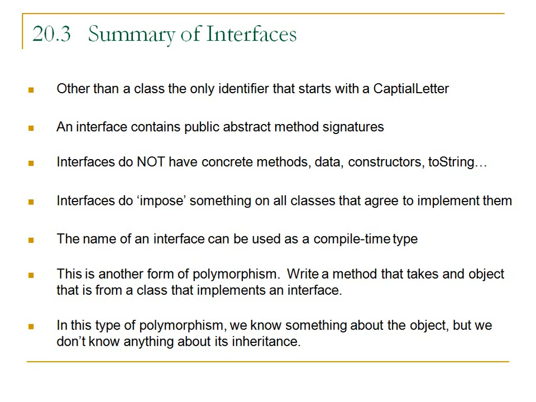But with interfaces, when we use the name of an interface as a compile time type, we know that the object has come from a class that implements that interface. So we know something about the object, but we don't know anything about its inheritance or its lineage. We know only something about what methods are going to be in that object, and that's the methods that are defined in the interface.